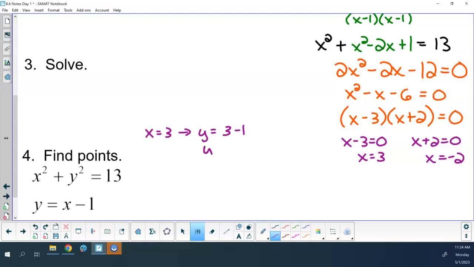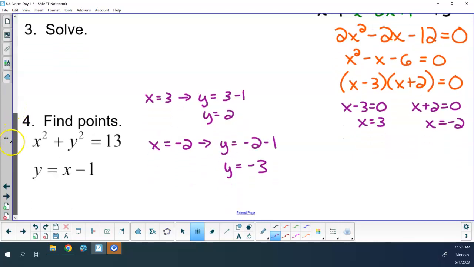So that would be y equals 2. Then I have to take x equals negative 2, and I plug that one into the bottom equation. Negative 2 minus 1 is negative 3. So I've got y equals negative 3.